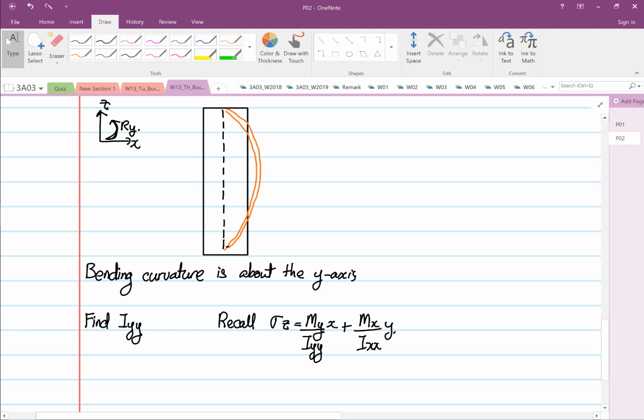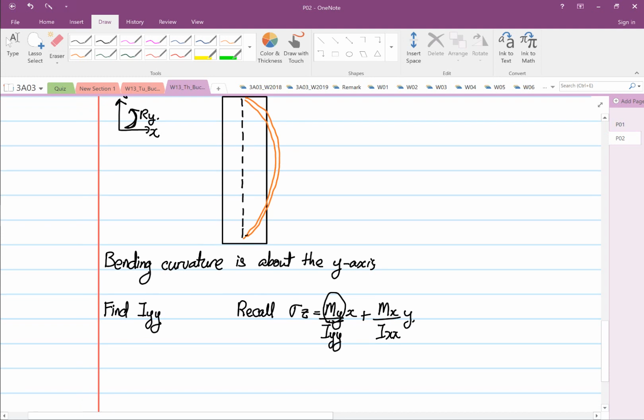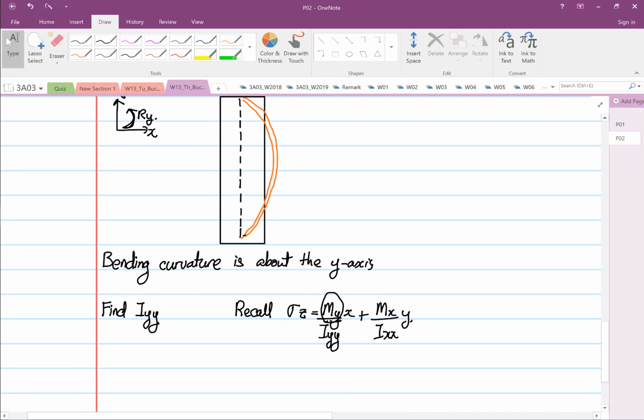If you look at the bending moment, our moment is also rotating about the y-axis. So for this case, the I has to be Iyy. Why is this critical?